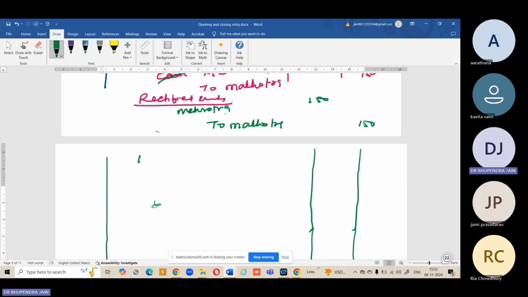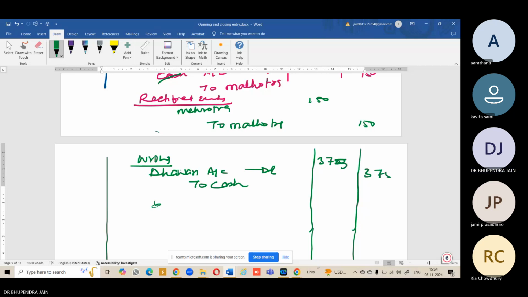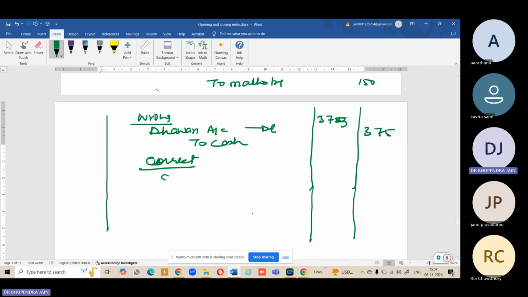So wrong entry is Dhawan account debit to cash 375. Correct entry beta क्या बनेगी? Correct entry is salary account debit to Dhawan.